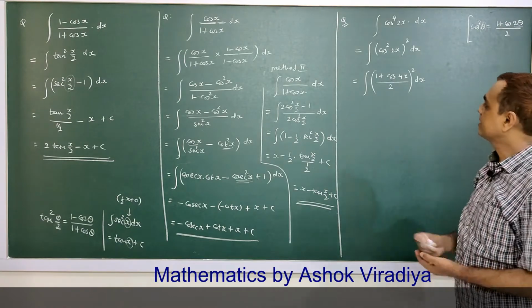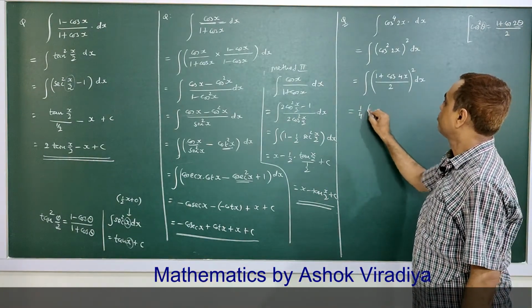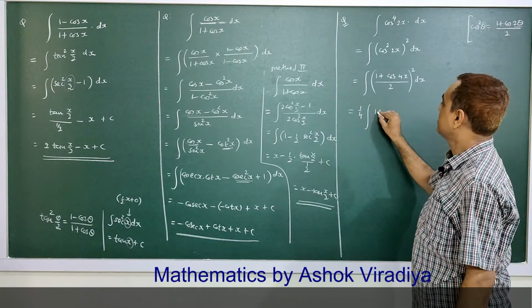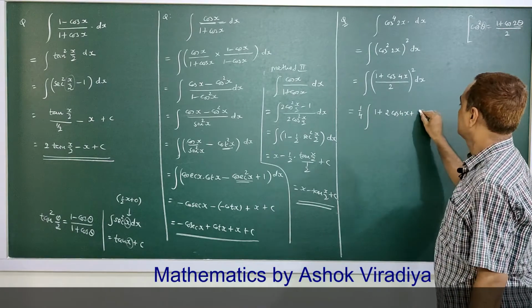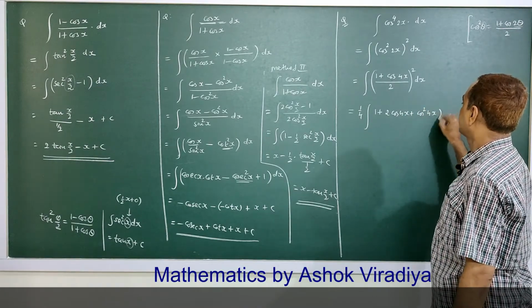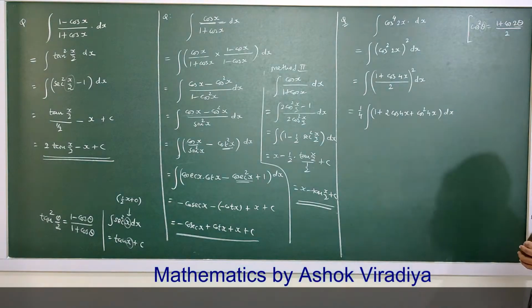Now simplifying this, 1 by 4 put outside, expanding this: 1 plus 2 times cos 4x plus cos square 4x, a plus b whole square, a square plus 2ab plus b square.